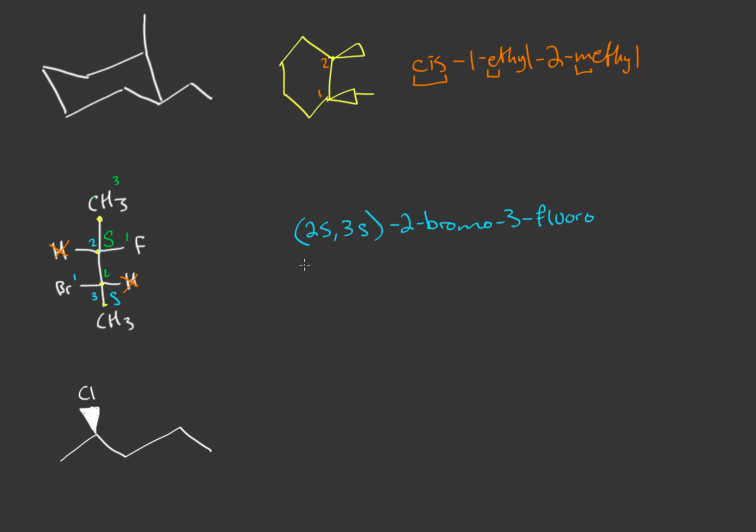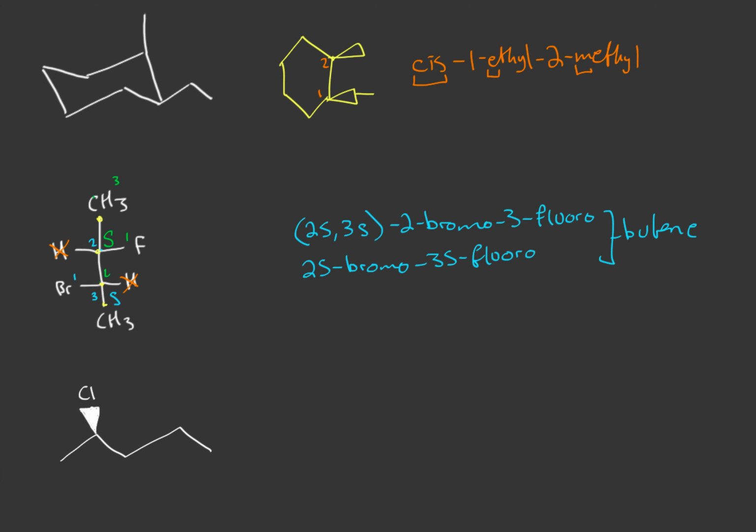Or you can say 2S-bromo, 3S-fluoro. Both these ways are acceptable for writing the name of this alkane. And I might have misspelled fluorine, but I'm not sure. So this would just be ended off with butane because it's a 4-carbon chain.